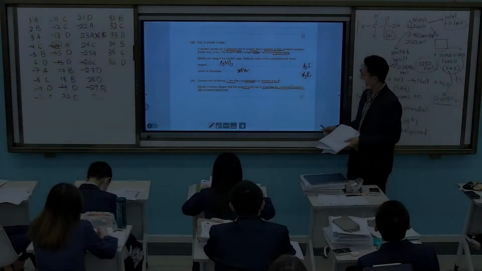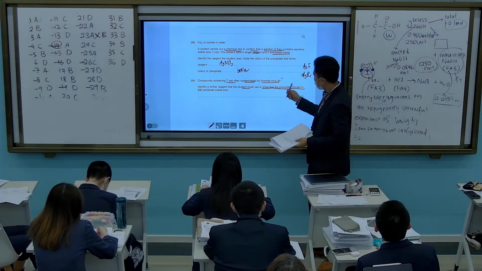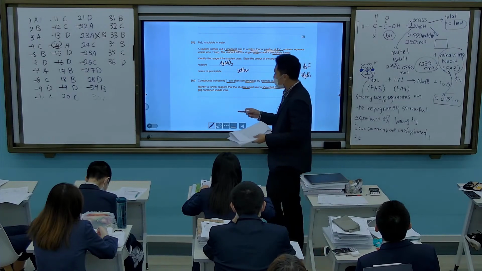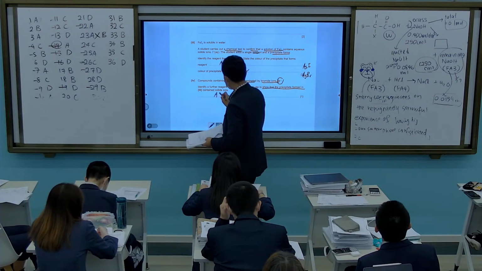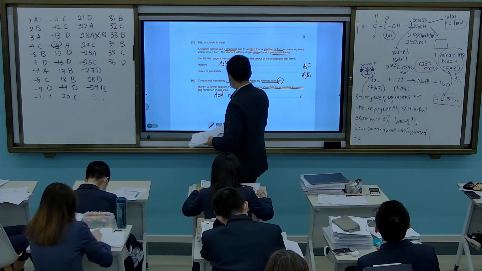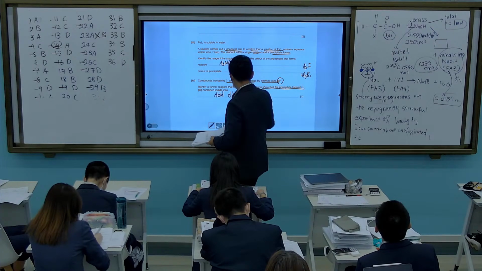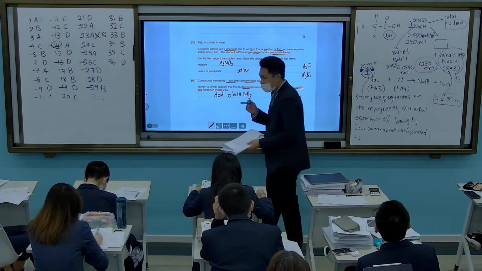All right. So this one here, part 4, compounds containing I minus, contaminated by Br minus. What you need to do is add dilute ammonia, right? Because why?